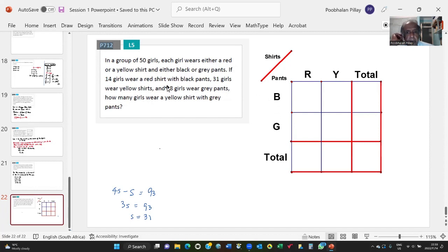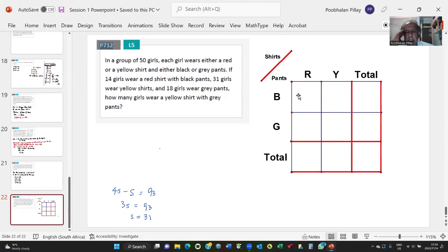It's either black pants or gray pants. Right. So, for instance, here it will be a girl who wears black pants and a red shirt. Here it's yellow shirt and black pants. So it's like coordinates, right? Okay, the gray is for the pants, and the Y is for the shirts.